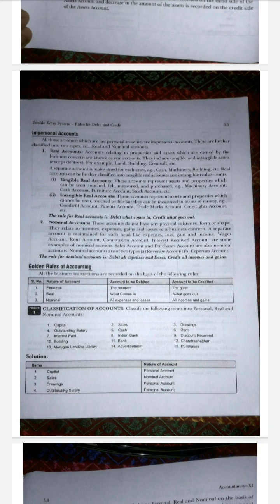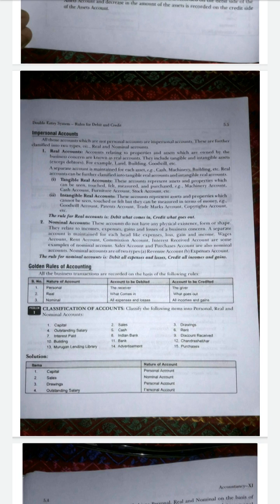Likewise, you have to analyze whether there is a receiver or giver. If it is a personal account, you apply the rule debit the receiver, credit the giver. If it is a real account, you apply the rule debit what comes in, credit what goes out. If you understand the concept, it's very simple.